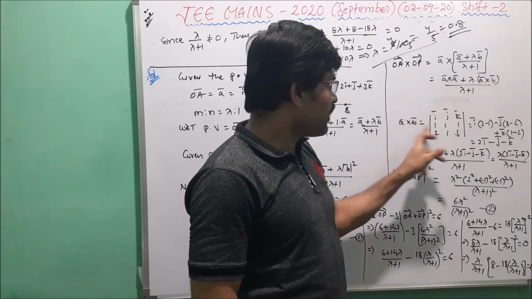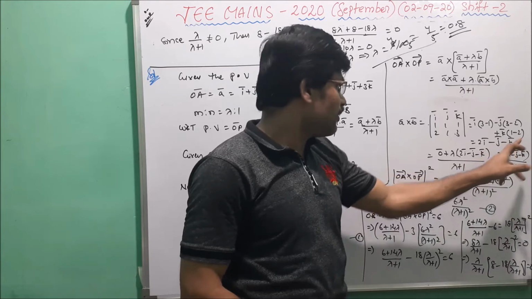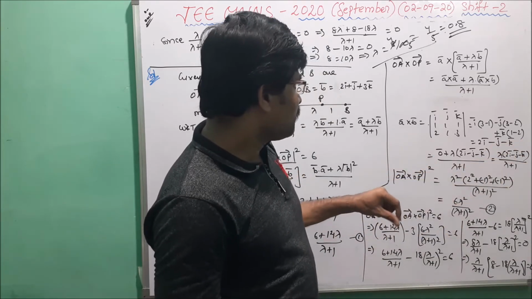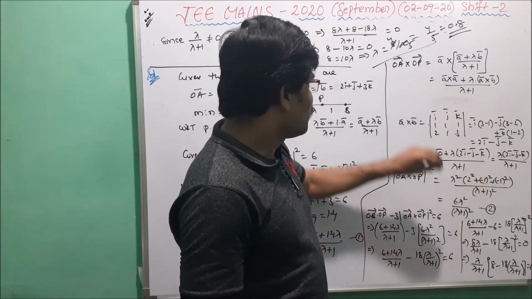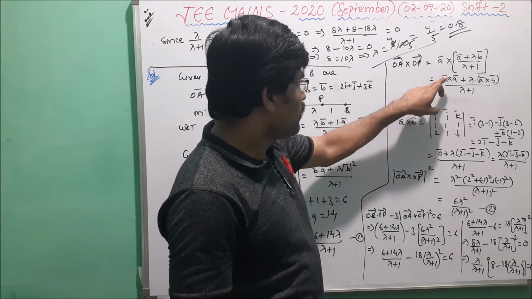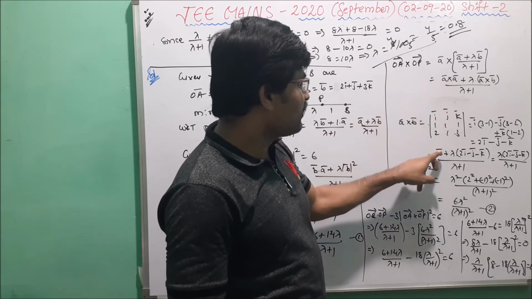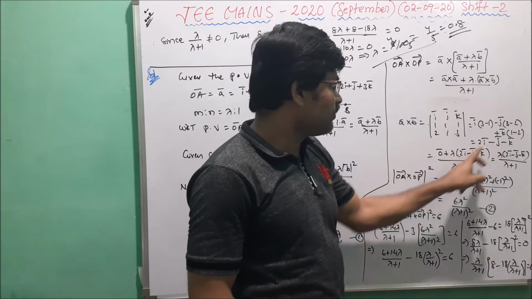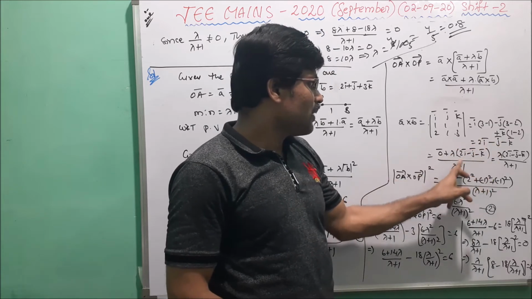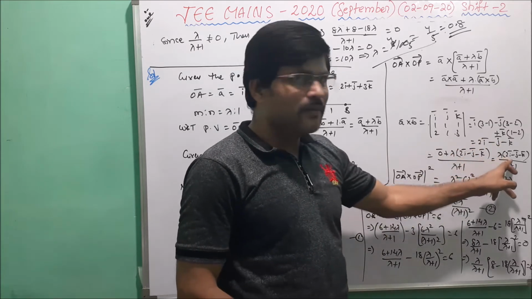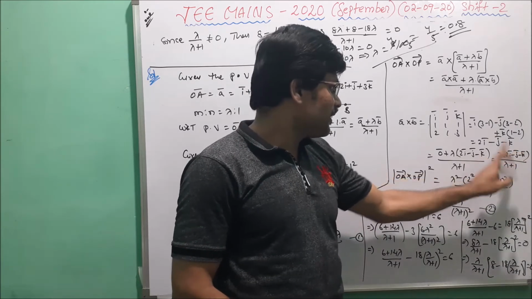A bar cross B bar value is 2I bar minus J bar minus K bar. Now here in that OA bar cross OP bar, we substitute the values: A bar cross A bar is 0, plus lambda into that value 2I bar minus J bar minus K bar by lambda plus 1. It can be simplified to lambda into 2I minus J bar minus K bar by lambda plus 1.